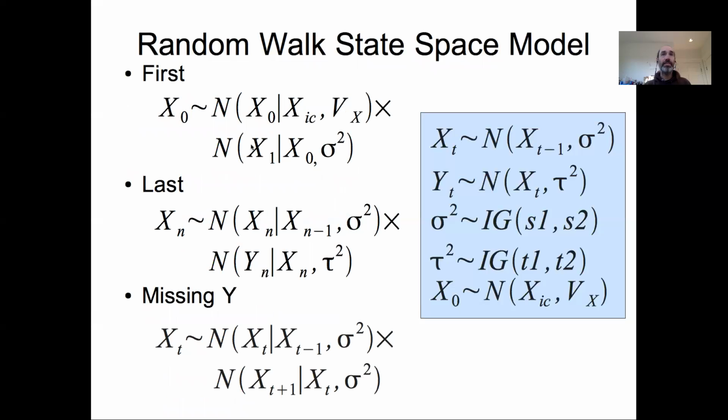So in the first case, x0 is occurring before y1, and so x0 is informed by the prior on x0, and it's informed by the observation x1, but we don't have a y0 in this case. We have y starting at 1.